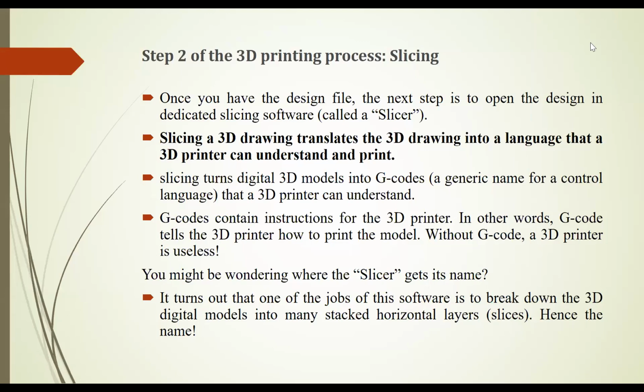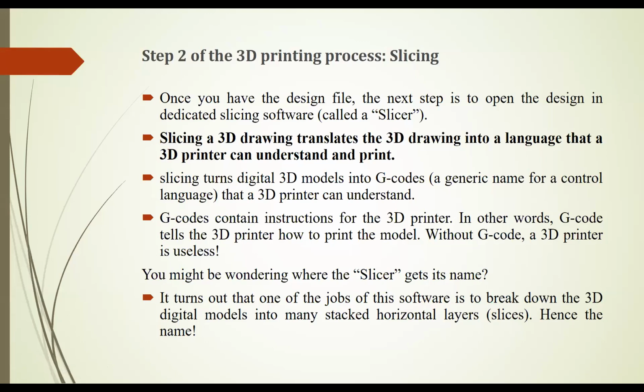We will be learning about this case also. Once you design this case, the next step is printing. So how to print is what we are going to understand. In this 3D slicer, we will see how to handle these 3D objects. Basically, it's software which converts your 3D design into G code.